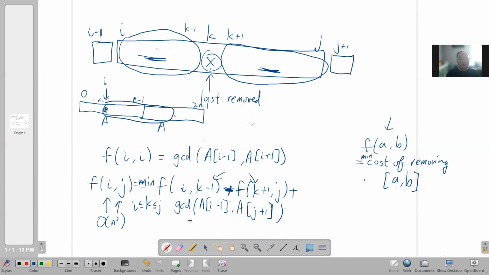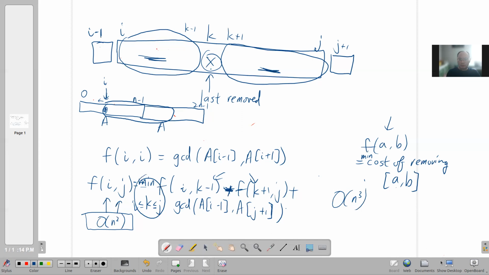So you just run dynamic programming with memoization, and that solves the problem. Altogether, it's n squared states, and this part will be linear time, so altogether it's n cubed time to compute this.